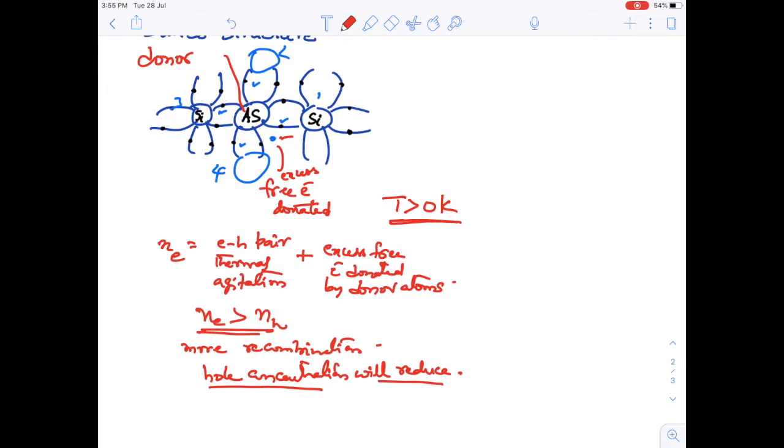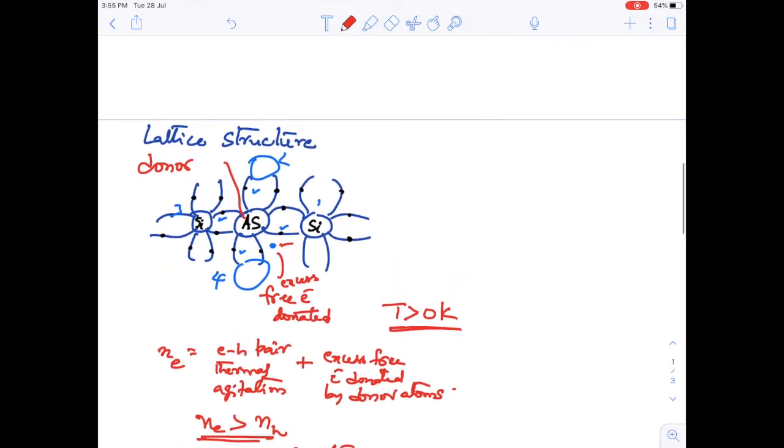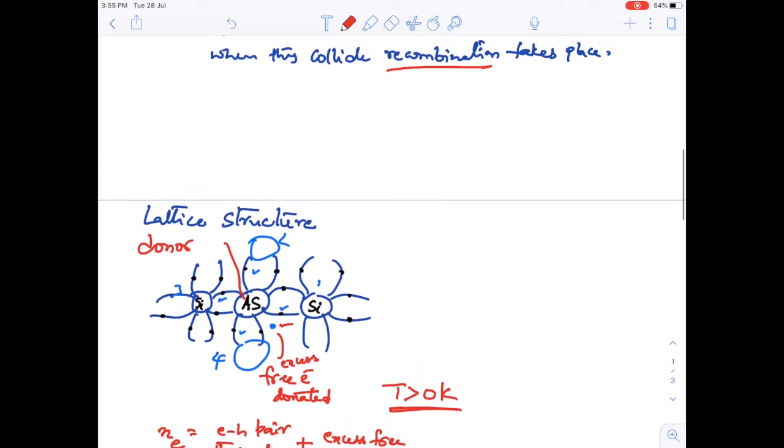Therefore, more electrons, therefore holes will recombine. So, concentration of holes will reduce. Therefore, minority carrier concentration will decrease. So, this is about N-type semiconductor.